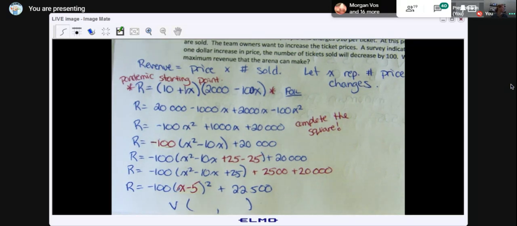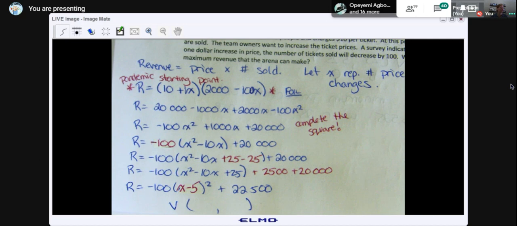Once you've got the square completed, send me the vertex in the chat. Good, Opie. Yeah, Anna, you got it. Good, Morgan. Okay, now the question is, what do each of these numbers mean?